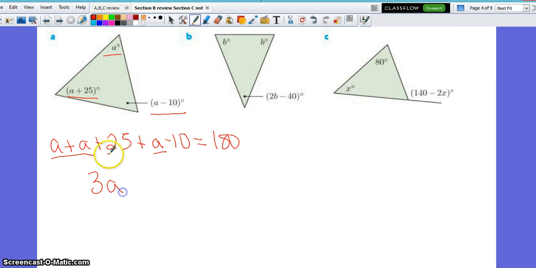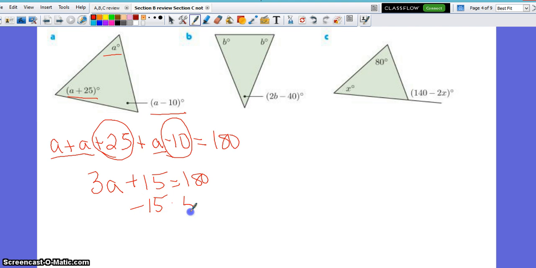So now I have 3A, 25 minus 10 is 15. You're going to subtract that so that you can get just a single variable. 3A equals 165. That's a horrible 5, sorry. So then you're going to divide 165 divided by 3. And so A is 55.